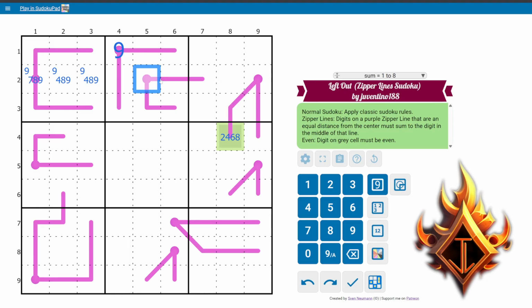So if that is like 5, it's not going to be 5. If it is 6, it's not going to be 6 either, because then that would be 6, and then that would have to be 6 again.